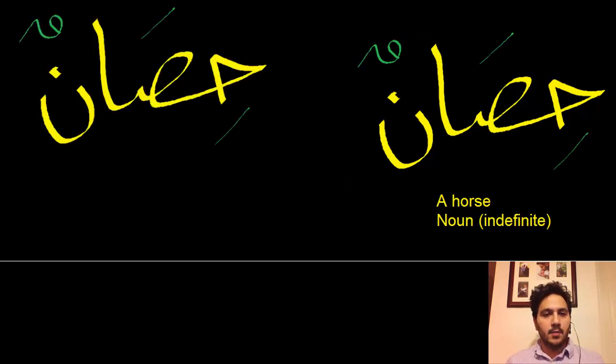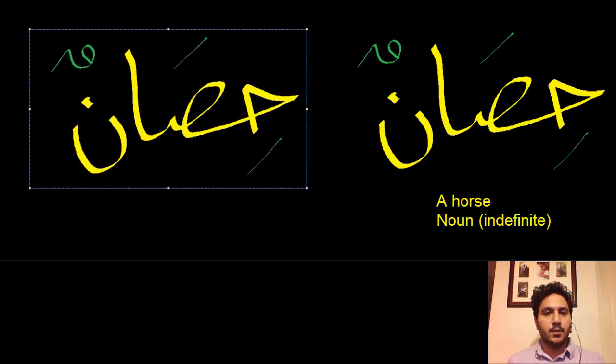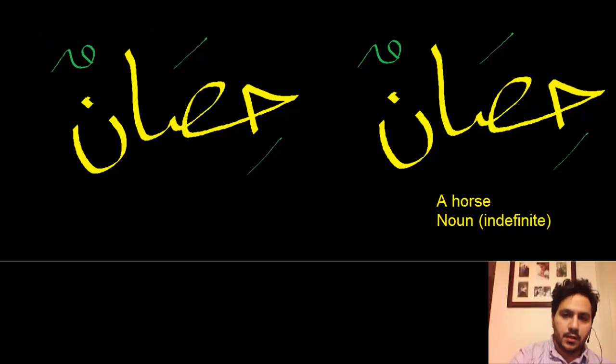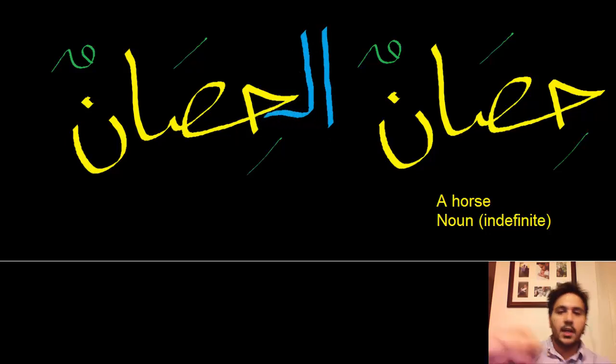To do that in Arabic, we add the alif and lam, also known as al-Ta'rif. Let's pick the right brush. Let's add our al-Ta'rif, alif, followed by a lam. And now we move on to the harakat. We have to ask ourselves the first letter in our word. Is it a sun letter or a moon letter?